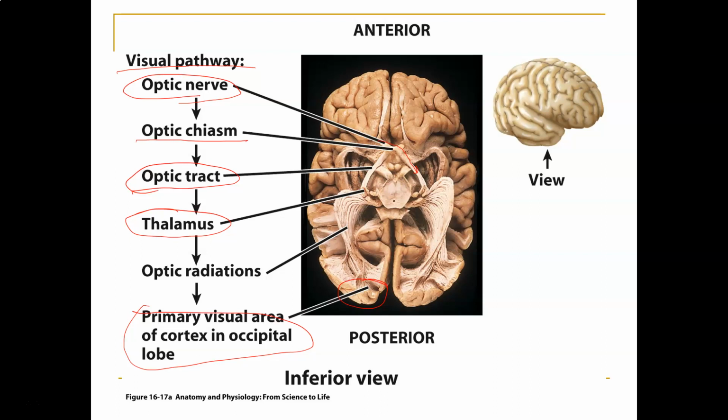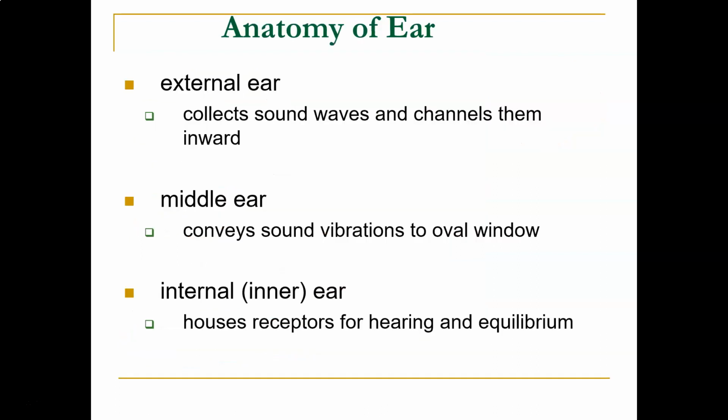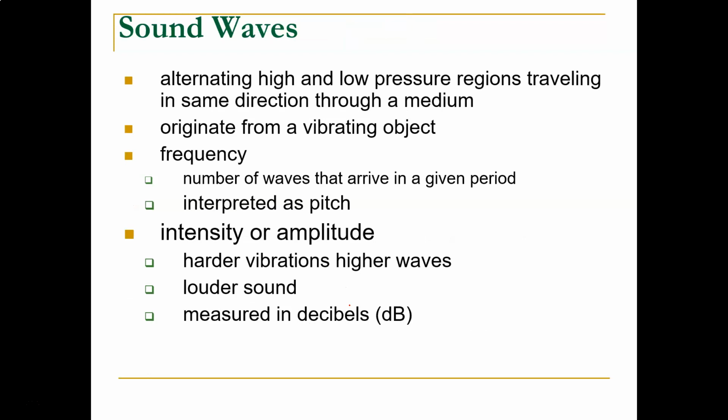Okay, so that's the eye, and now moving on to the ear, which is equally complex. Usually the ear is approached by dividing it into external, middle, and inner ear. So we'll follow that. But first let's just establish what sound waves are.